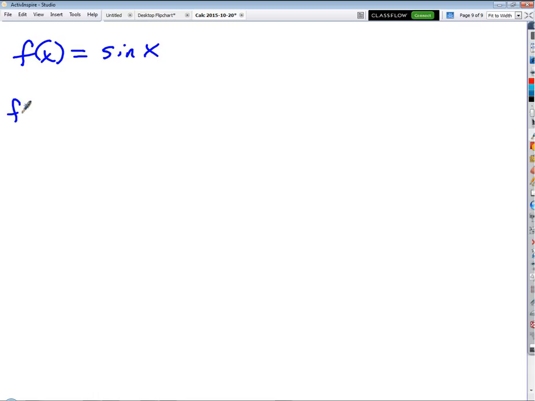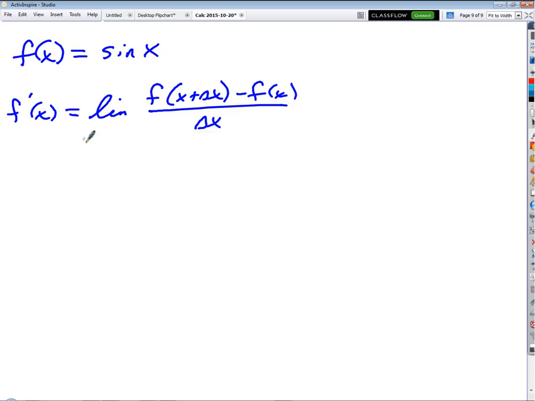So what's f prime of x then? Well, what's our starting place? Limit of f of, well, okay, you're right, f of x plus delta x minus f of x over delta x, as delta x goes to 0.